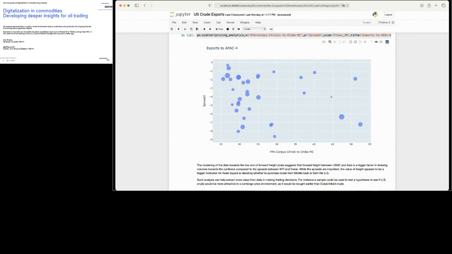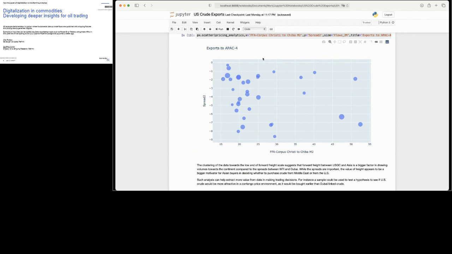A scatter plot of trade flow volumes versus the spread between the US and Middle Eastern oil price on the one hand, and the VLCC forward trade value for Corpus Christi to Japan on the other axis.